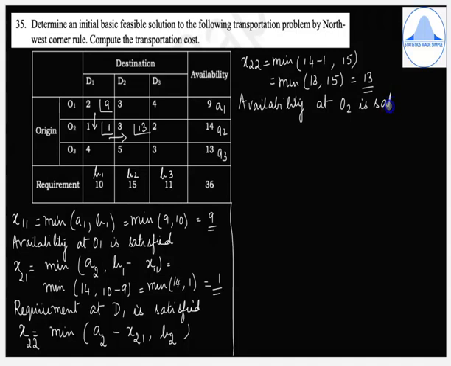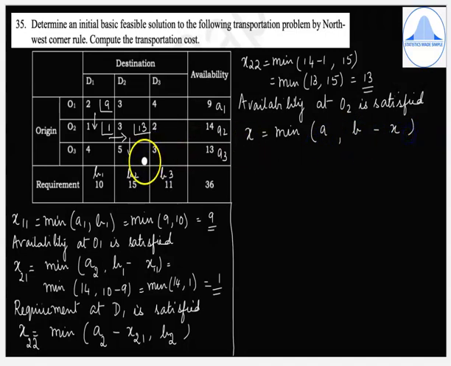Okay, so now when availability is satisfied, you have to move vertically down. So we move down and use the formula for the allocation as x is equal to minimum of A comma B minus x.